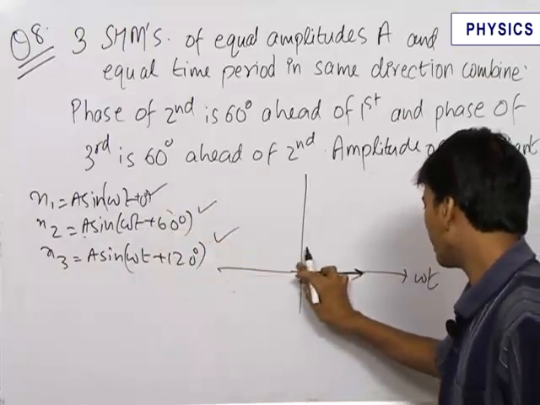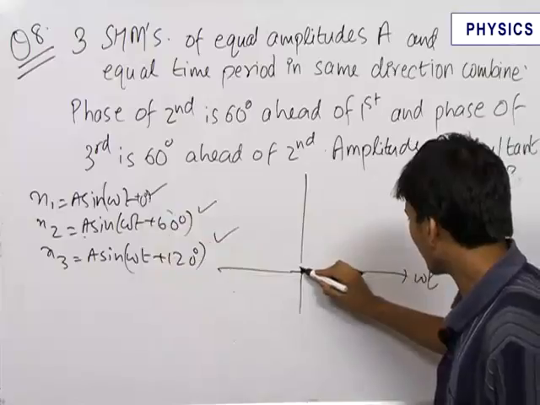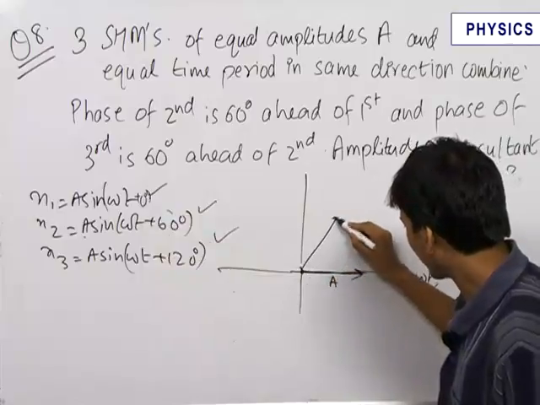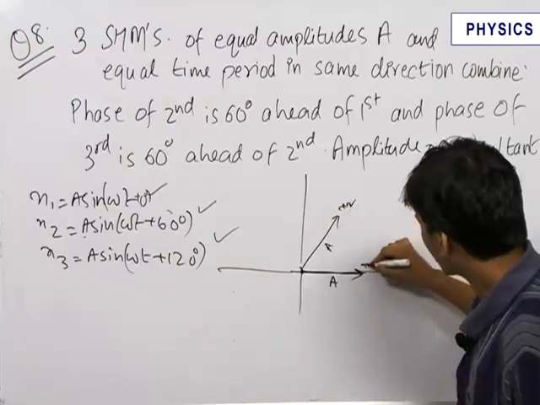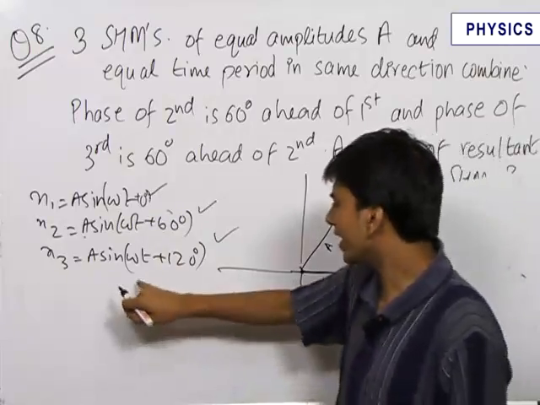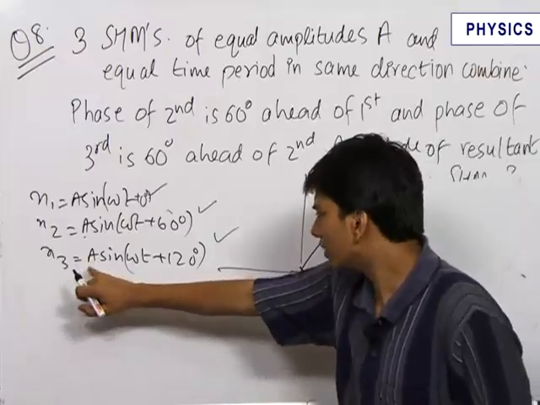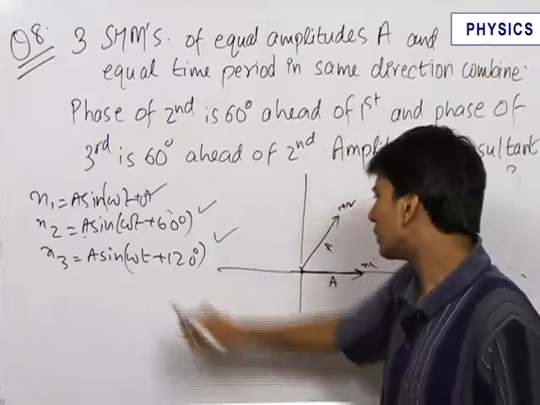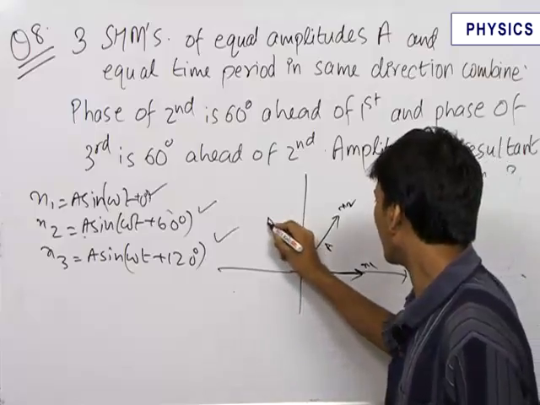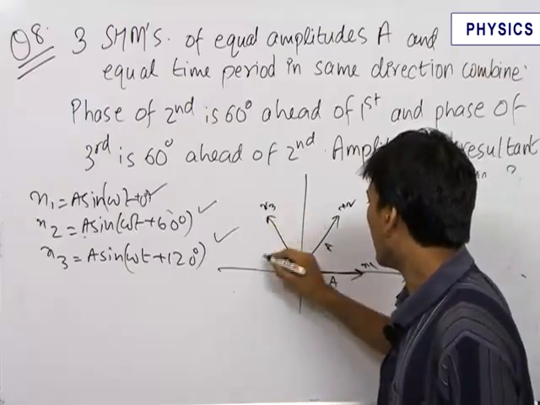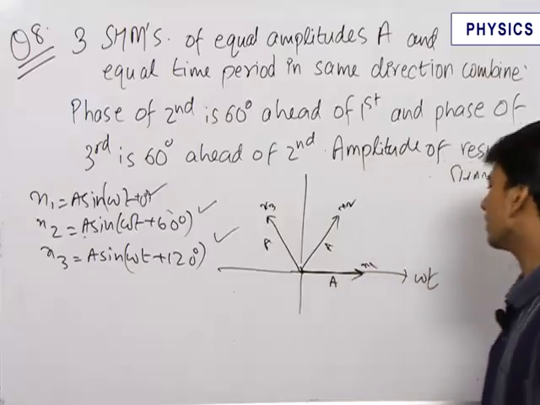Therefore we draw it anti-clockwise at an angle of 60 degrees. This is x2, this is x1. The third one can again be drawn as a vector with magnitude a, which is 120 degrees ahead of this vector. Therefore it is drawn on this side, x3. Again the magnitude of this vector is a.